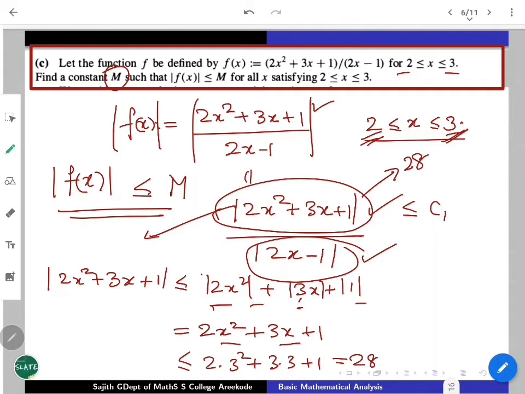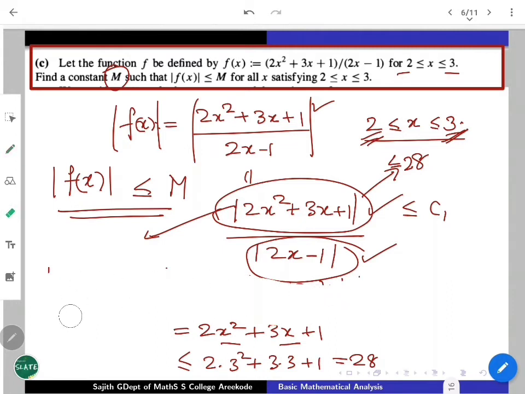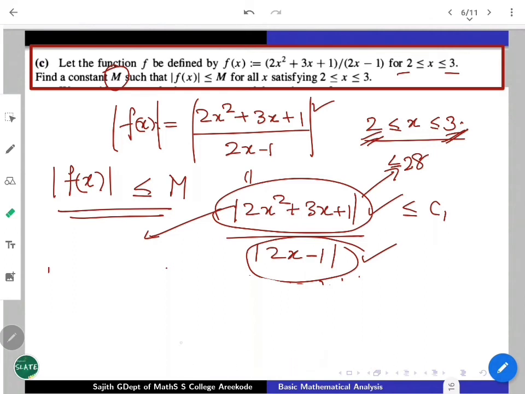Can't go beyond that. What about the denominator part that you have to look at? To attack the denominator part, I have to consider actually 1 by 2x minus 1. That is enough. So why don't we use the variations of triangle inequality?